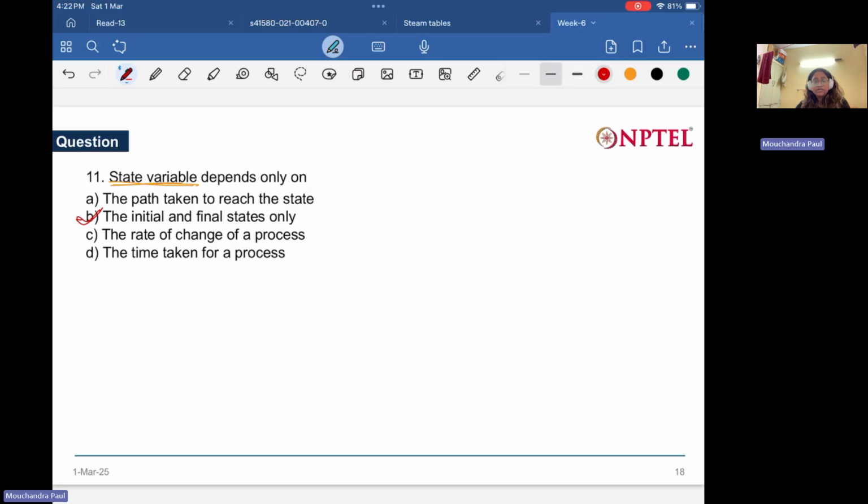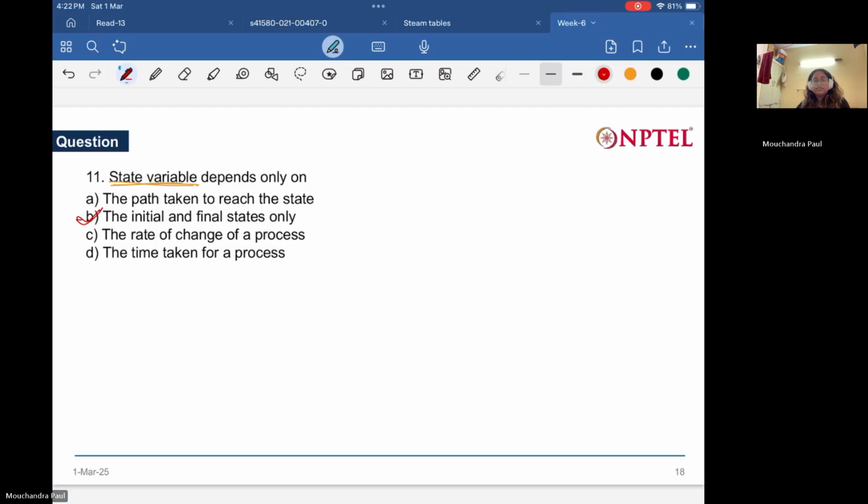It does not depend on how the system reached the final state. All right. Again, I'll repeat, state variables depend on the initial and the final state of the system. It does not depend on how the system reaches its final state.